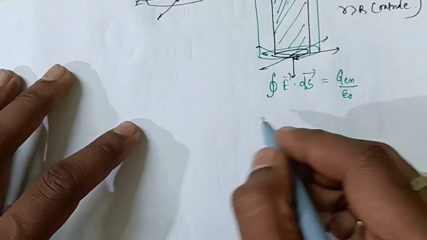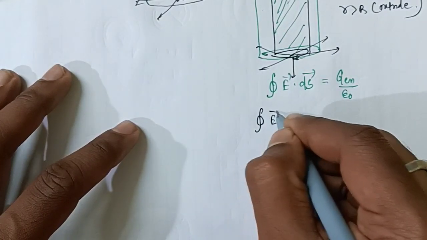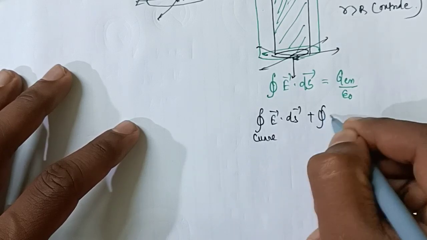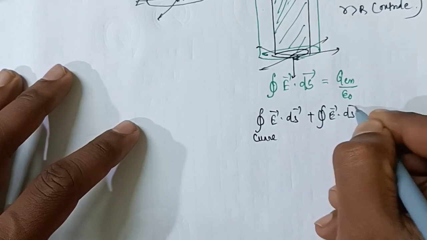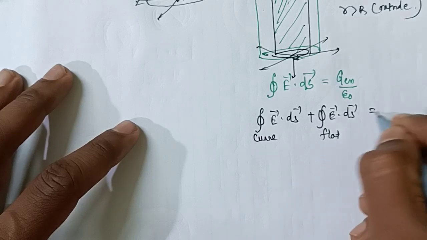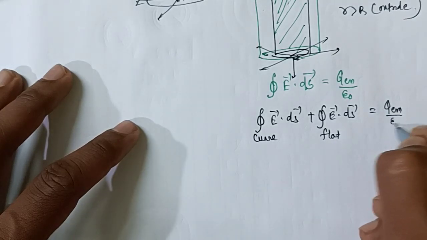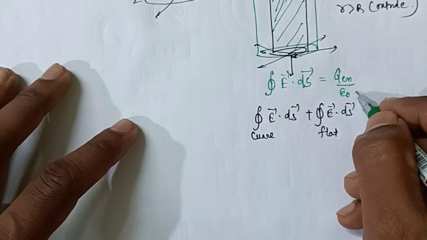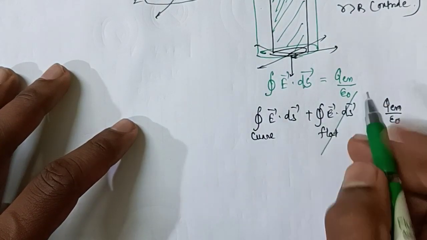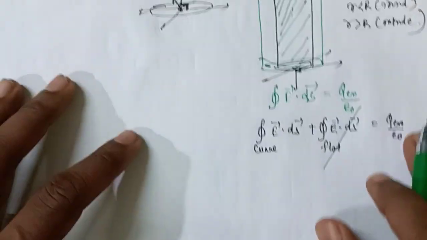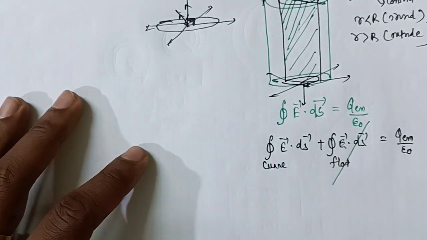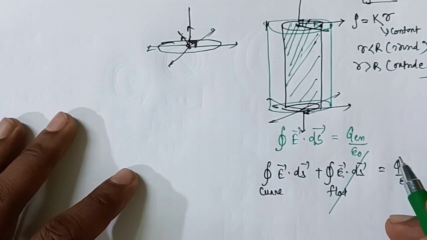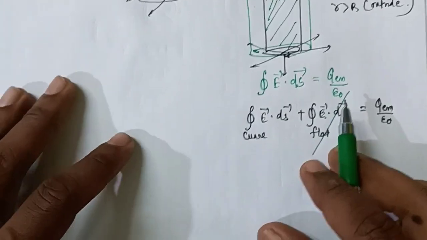So this E dot dS is due to what? E dot dS curve plus E dot dS flat is nothing but Q enclosed upon epsilon naught. This E dot dS flat is 0 because the electric field and area vector are perpendicular to each other. We will only look for the curved one. This is an obvious thing, we have already solved so many questions on Gauss law, so students can easily predict these things.